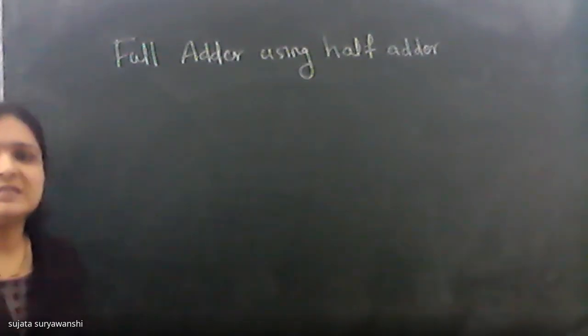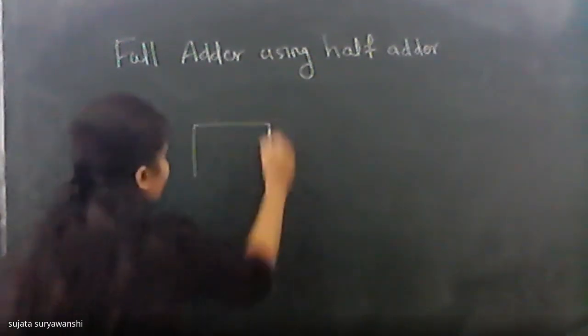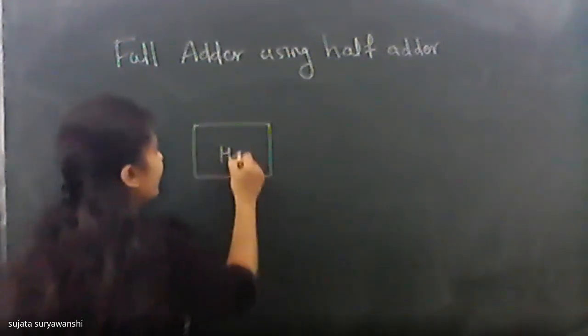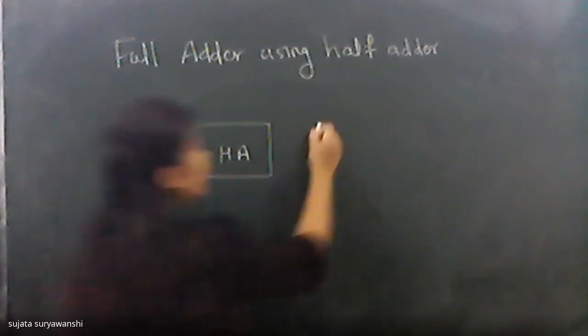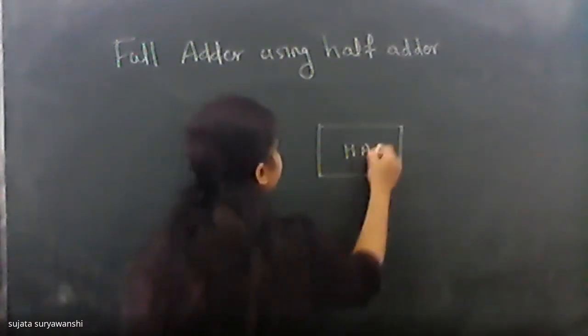Okay, so we'll see how to design full adder using half adder. As we know, half adder has two inputs. We'll see first the block diagram of full adder using half adder. Suppose this is one half adder and this is your second half adder.